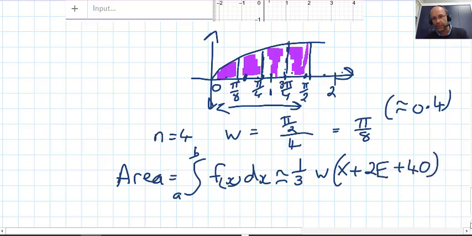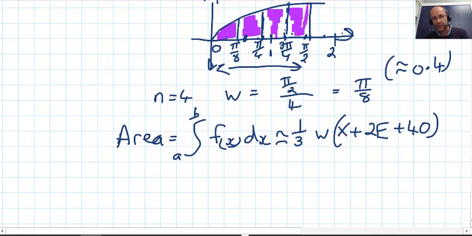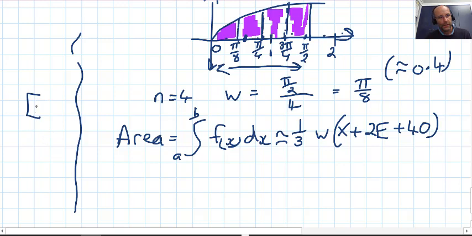At this point, you could break this into smaller parts, and we need to look at what X, E, and O look like.